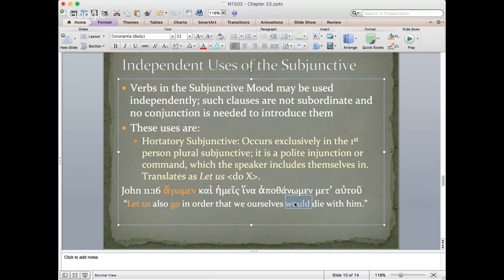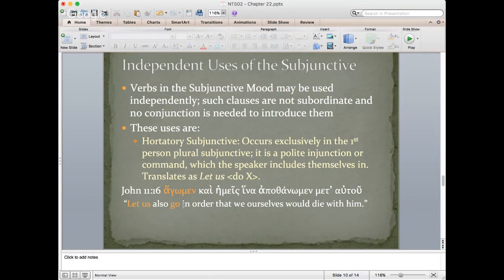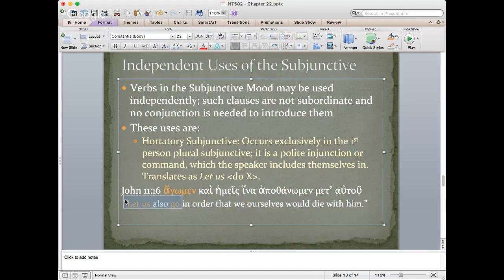This "would" or "might" is what is conveying the subjunctive mood here. Okay, so that's the hortatory subjunctive, and it's this "let us also go" that you're seeing right here.